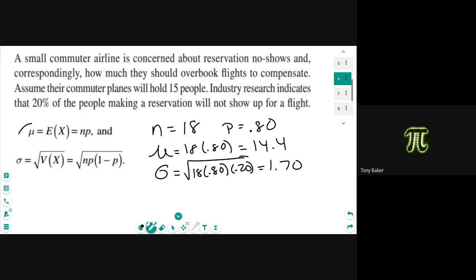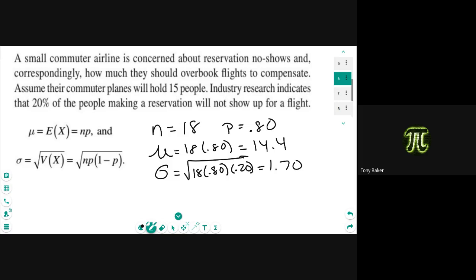The formula for mean is right here. It's just n times p, and n was 18 and p was 0.8. Where's the E of X? That stands for expected value. Mean is always the middle.